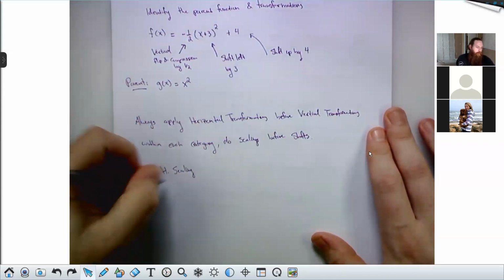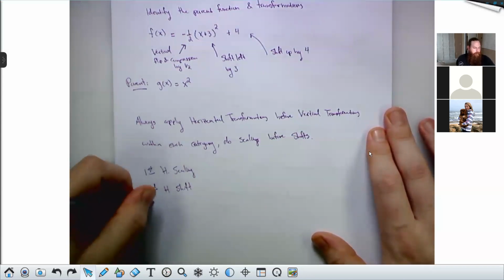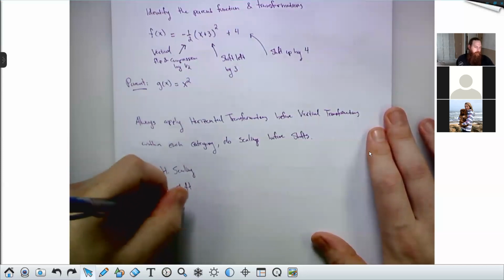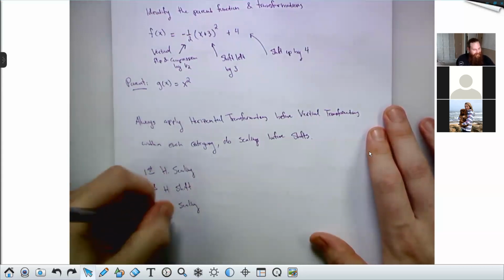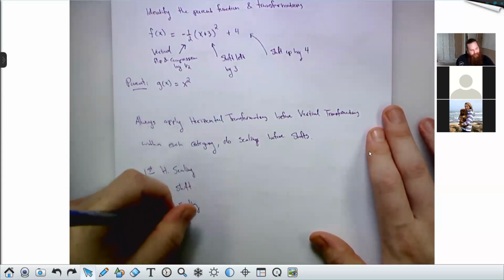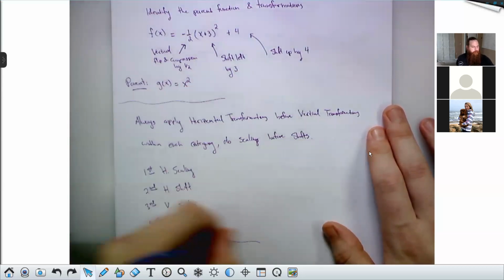Second, any horizontal shift. Third, any vertical scalings. And then last, fourth, any vertical shifts. So that's the rule.